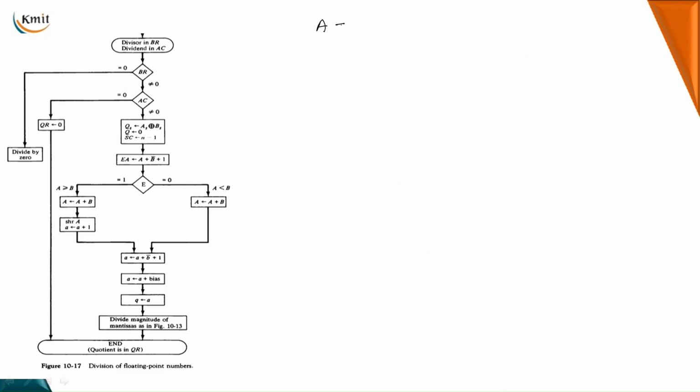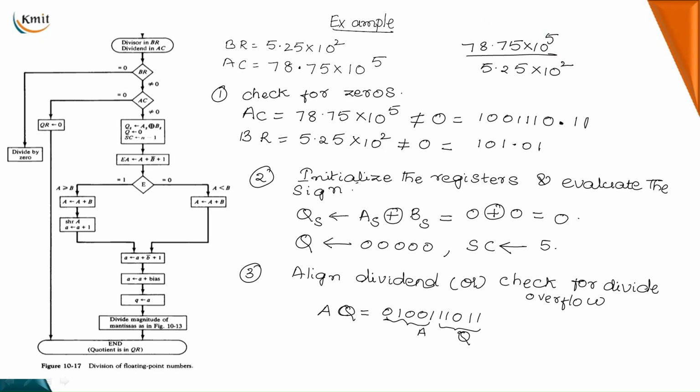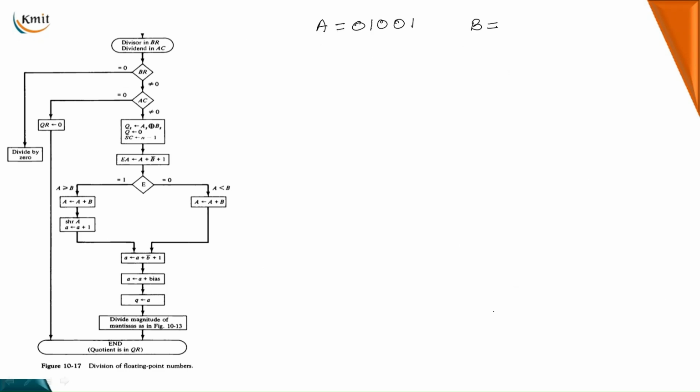A contains 01001. Similarly, capital B contains the divisor. What is my divisor? 10101, which is stored in BR register. Take off the points, so it becomes 10101.